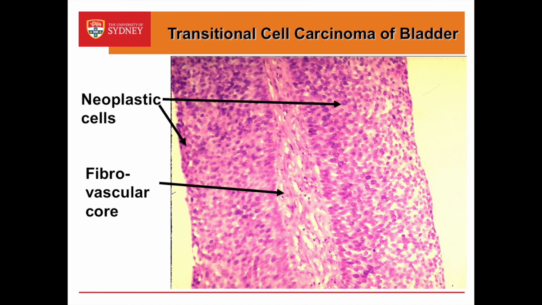A higher resolution image of one of the papillae, which are growing off the bladder wall, shows that classically these are epithelial cells which line themselves on top of each other in a columnar fashion. Running centrally down the tissue is the area of the fibromuscular core which surrounds the capillary feeding blood into these neoplastic cells.